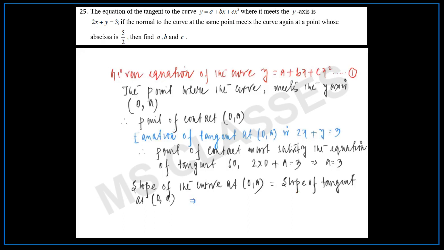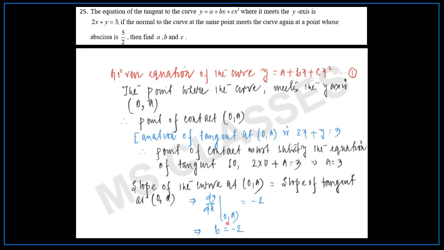So we have to differentiate: dy/dx at 0 comma a equal to slope of tangent, which is minus 2. When we differentiate this curve, we get b plus 2cx, and since x is 0, we get only b. So b equals minus 2. So we have got the value of a, and the value of b.